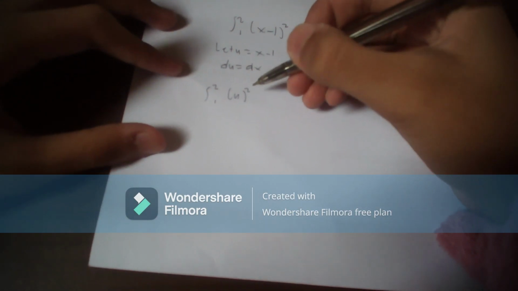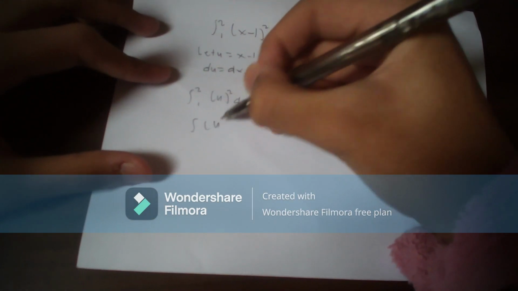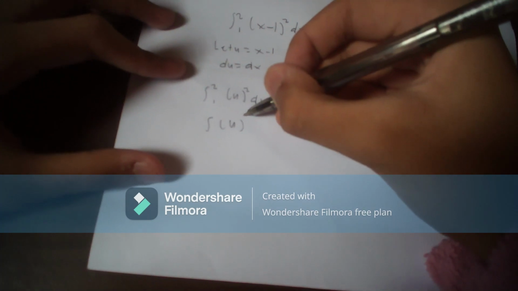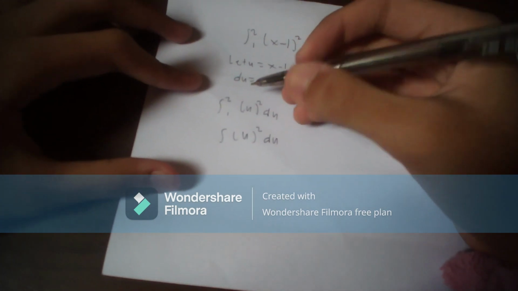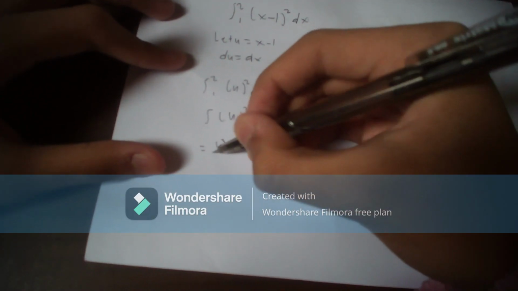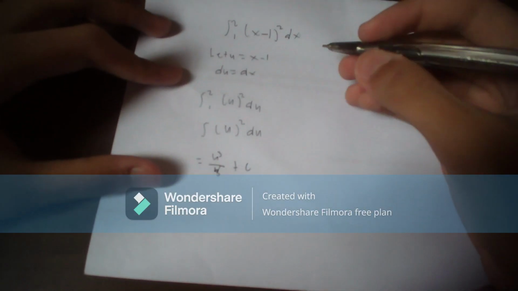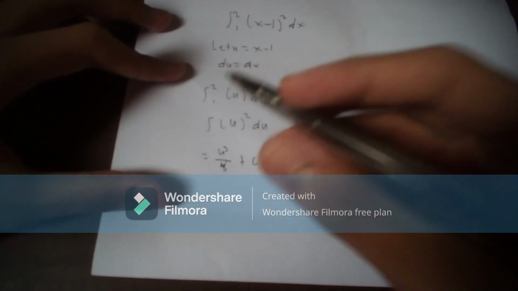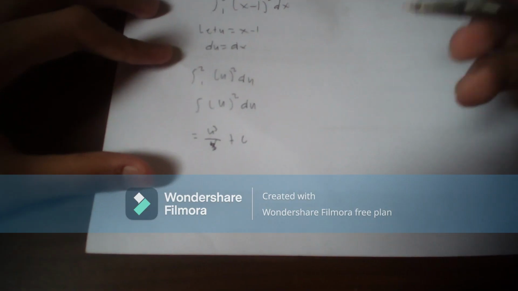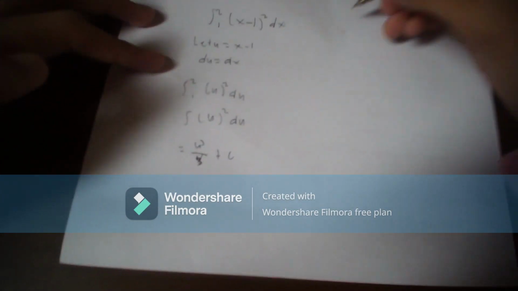Now we have to substitute u and du. So first, let's substitute that. Sorry for the bad handwriting. Now, we substitute x minus 1 with u, so it becomes this.